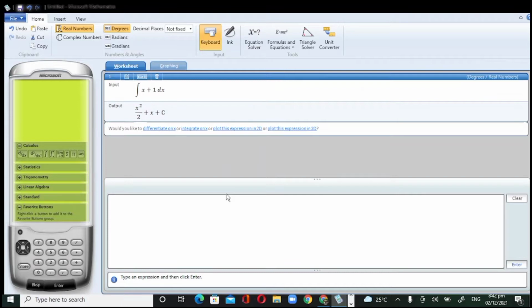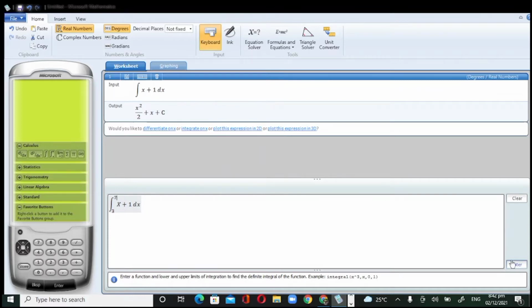But not only that, Microsoft Mathematics can not only solve indefinite integral calculus. It also gives the option of solving definite integral calculus, which is located next to the indefinite. As so, say I want to get the integral again of x plus 1, but this time my lower limit is 3, my upper limit is say 7.